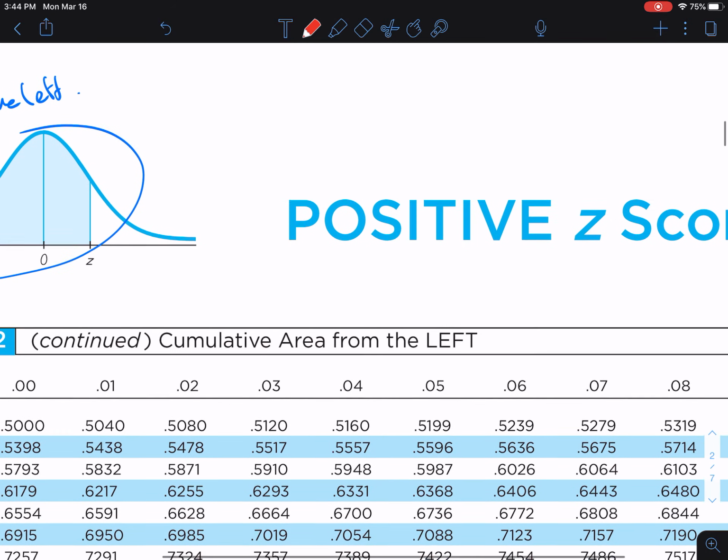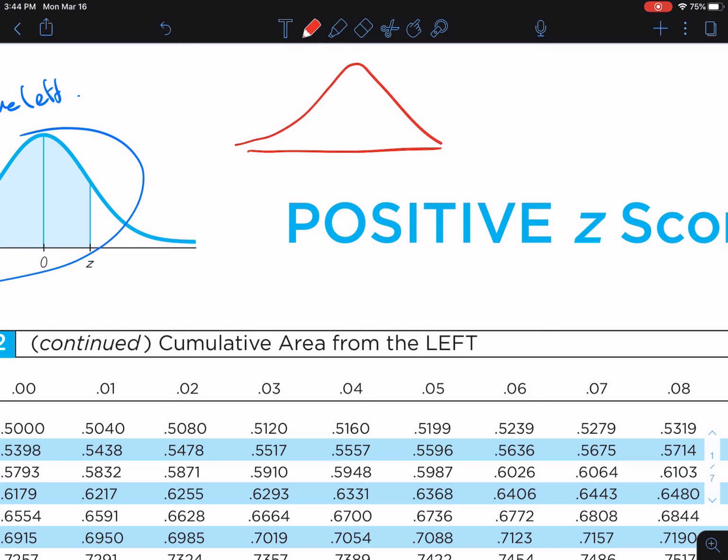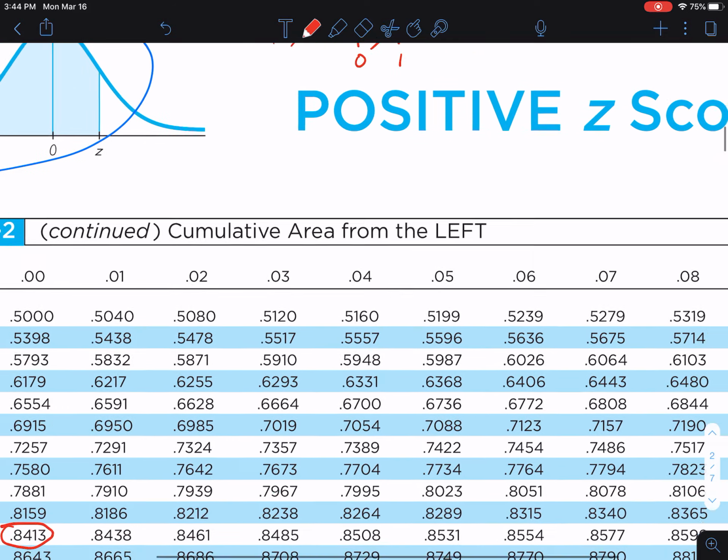So if we're looking at a standard normal distribution and we want to find out the probability of a certain event occurring that is less than 1 standard deviation to the left of the mean, that is this area there, right? So that itself is 84%.